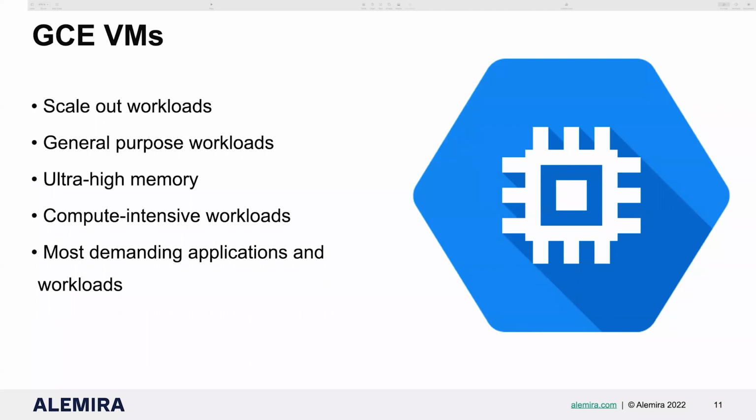And for Google virtual machines, as I said, there are different types of virtual machines with already prepared configurations. They can be used for different types of needs. So for example, you can scale in Google Compute Engine.